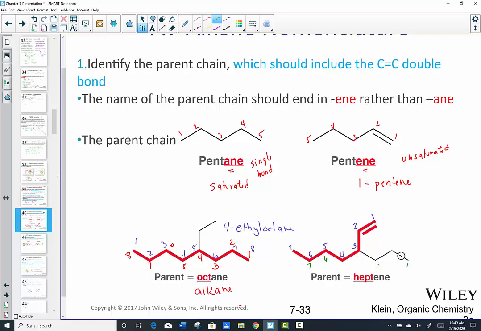I would now tell you at carbon number 3 is a propyl group in a 7-carbon chain where the double bond is located between carbon 1 and 2. So now you'll hear this as 3-propyl-1-heptene.